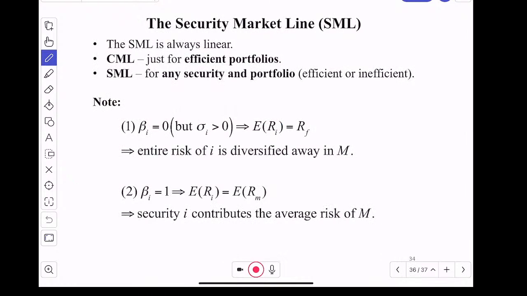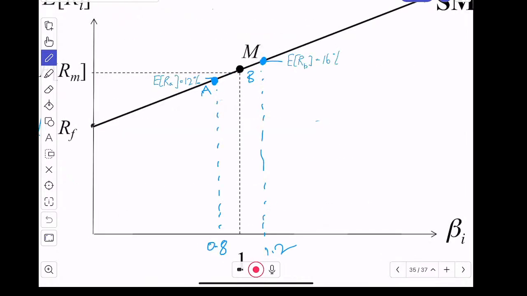So 0.96 would be more like here, right? I'll do it in red. So this is the portfolio.